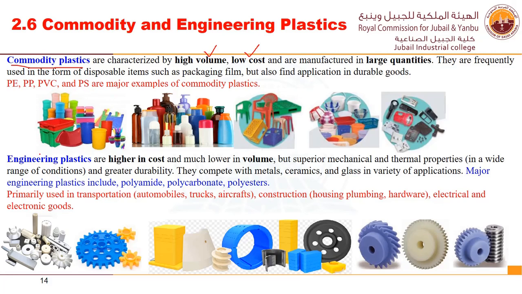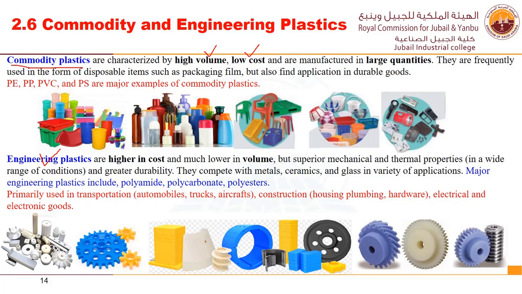But engineering polymers are polymers that are durable, that are used for durable applications. They have superior mechanical and thermal properties. So they are produced in low quantity, that is low volume, but the cost is high.